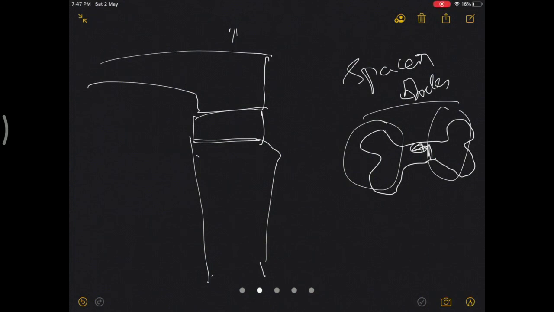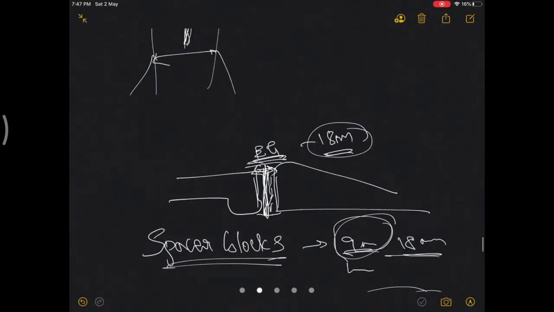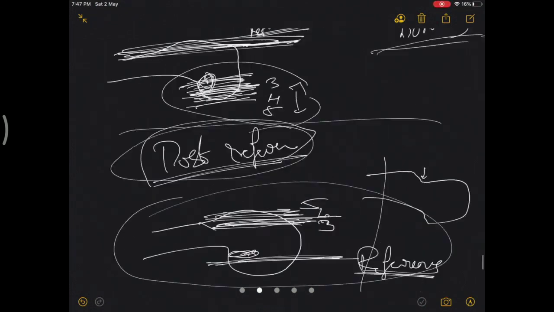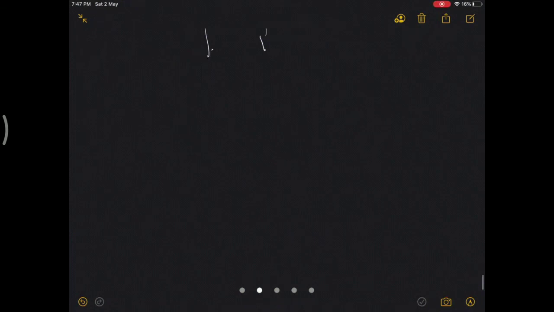Another thing which I have to tell is, if you remember, the sizer is used in accordance with the posterior condylar axis. It has metal slabs which abut the posterior condyle, and as you remember, you cannot take a cut perpendicular to the posterior condyle because that is 3 degrees internally rotated.